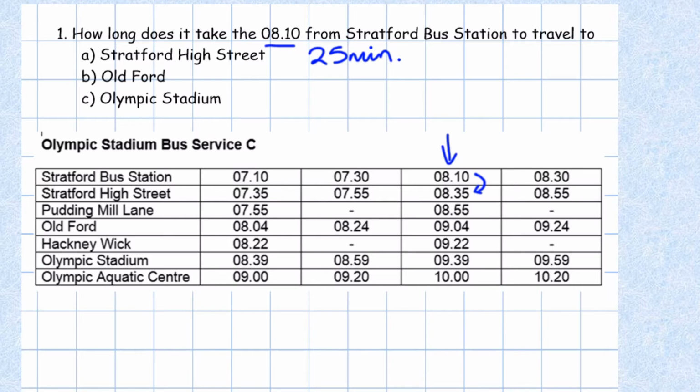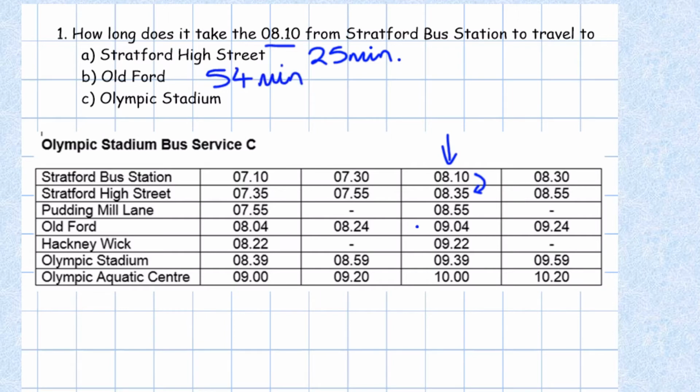Okay, then to go to Old Ford. Well, here is Old Ford. So 9:04, so 8:10 till. If you do 8:10 till 9:10, which would have been an hour, but I've counted on an extra 6 minutes to get to there, so I'll take off the 6 minutes from an hour. So 1 hour, take off my 6 minutes, gives me 54 minutes.